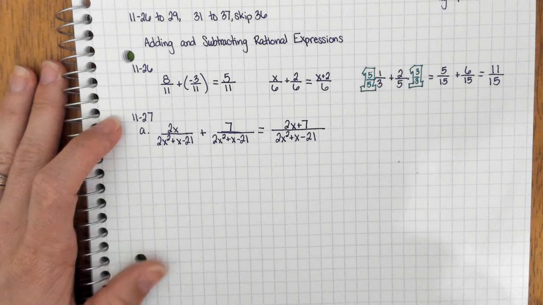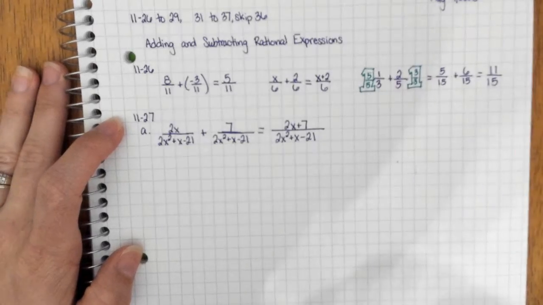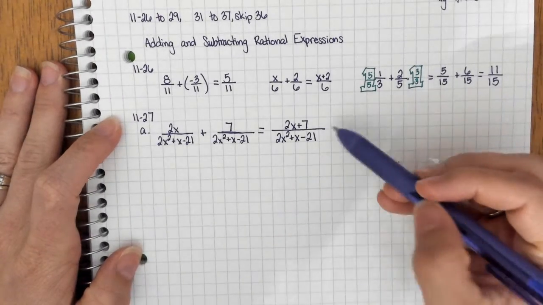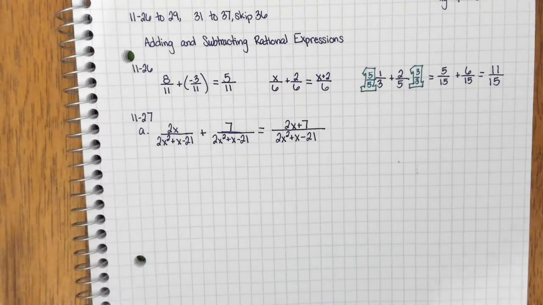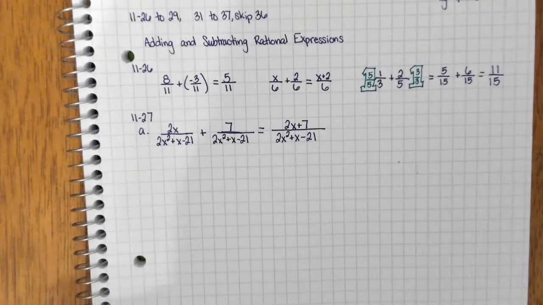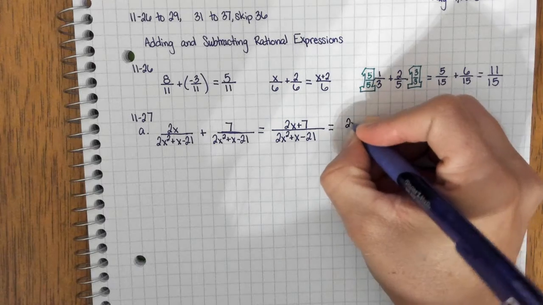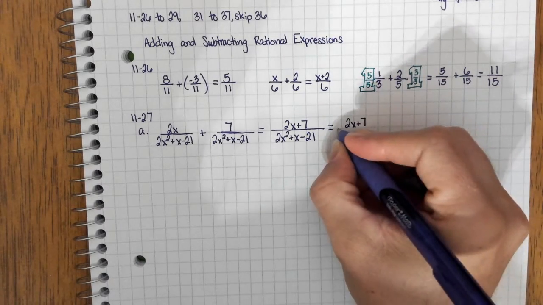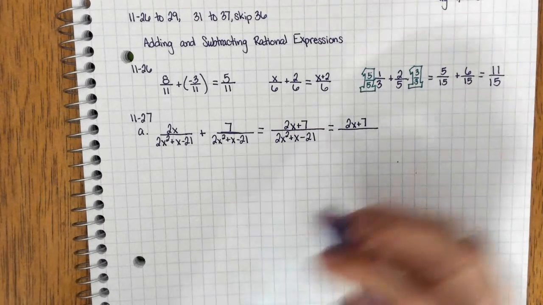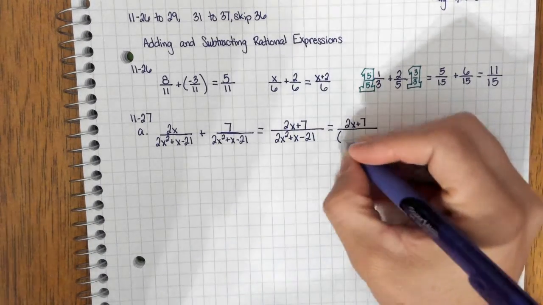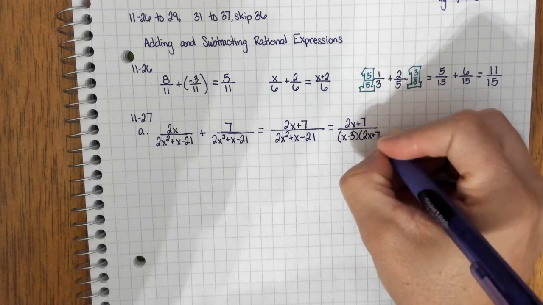The second bullet point on the directions says simplify your final expressions if possible. So in order for this to be simplified, we'd have to have something the same on the top and the bottom, numerator and denominator. So we have to factor this denominator. Again, your box and your diamond, or just your box. This is 2x plus 7 over 2x squared plus x minus 21, which factors into x minus 3 times 2x plus 7.